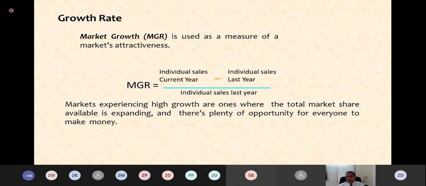So that is MGR, market growth rate, calculated with a simple formula: MGR is equal to the company's sales in the current year minus the company's last year sales, divided by the company's last year sales. With that we can understand whether the company's market share is growing or not.